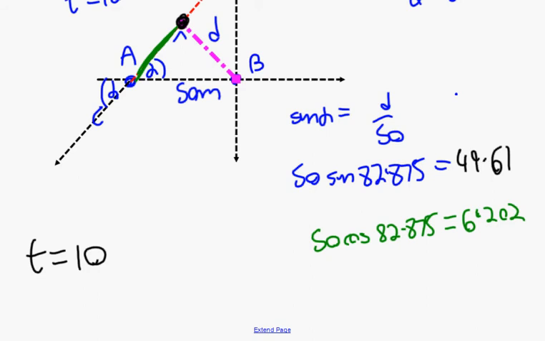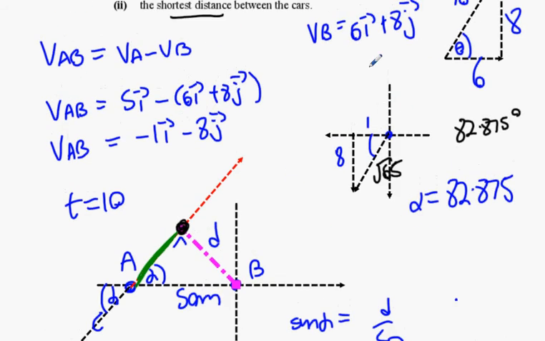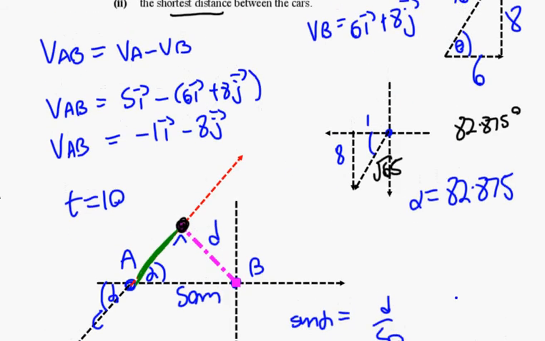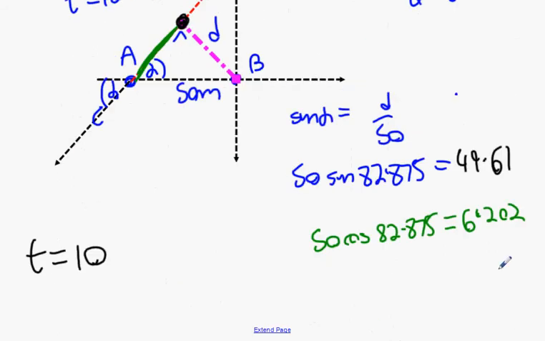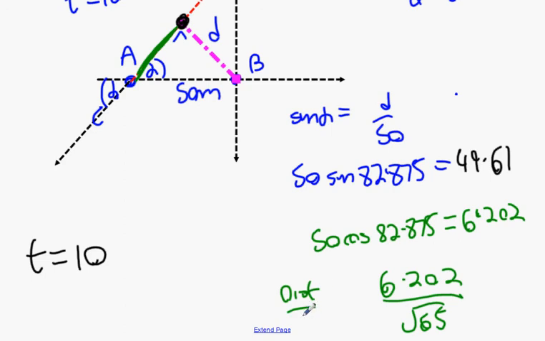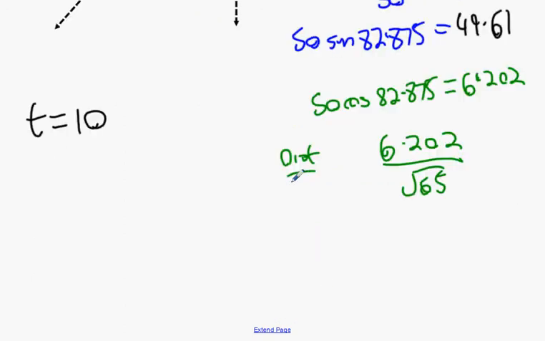which means that I'm only talking about their speeds. How fast was A going relative to B again? Root 65 is how fast it was going. So it covered an extra 6.2 kilometers in this extra time. What's 6.2 divided by root 65? I'm basically doing relative distance over relative speed. 0.77.